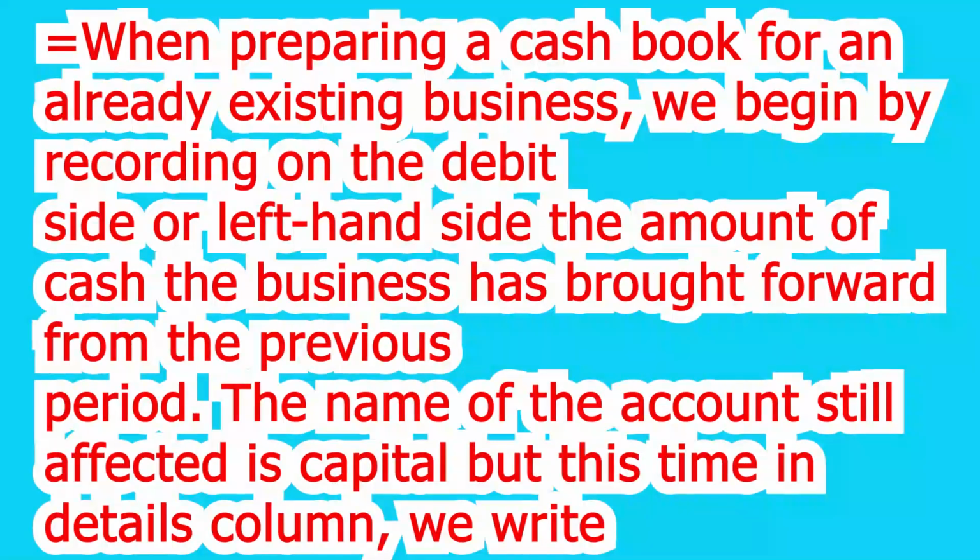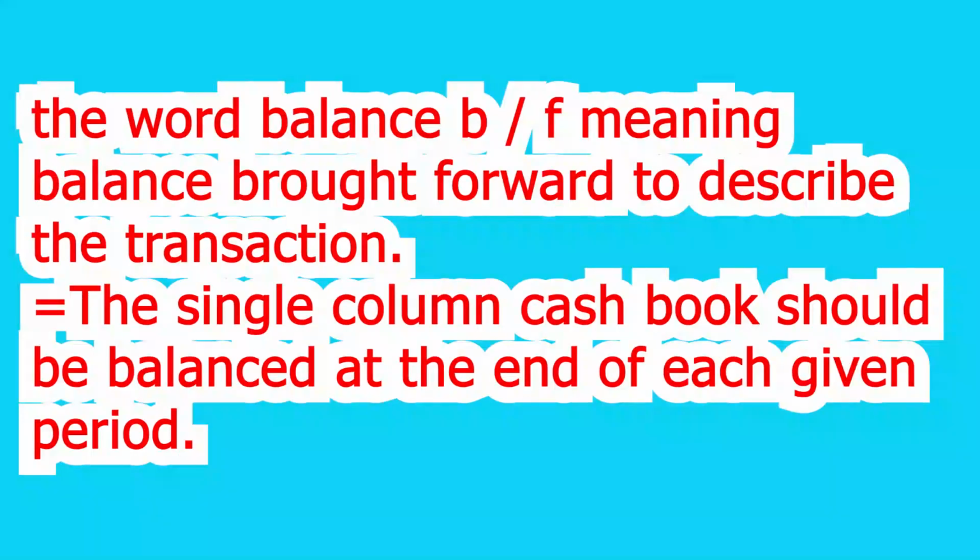When preparing a cash book for an already existing business, we begin by recording on the debit side or left hand side the amount of cash the business has brought forward from the previous period. The name of the account still affected is capital, but this time in the details column we write the words balance B/F, meaning balance brought forward, to describe the transaction.